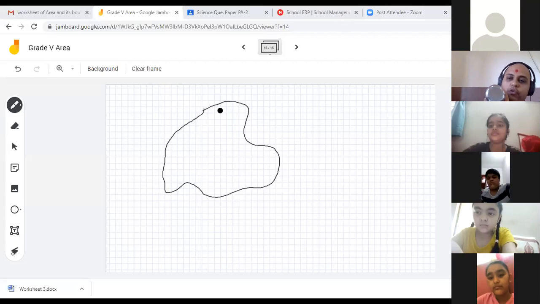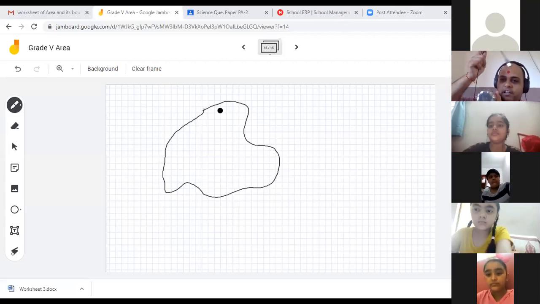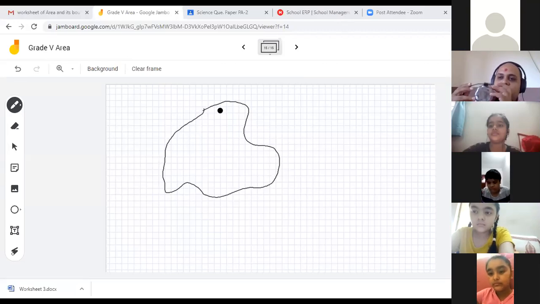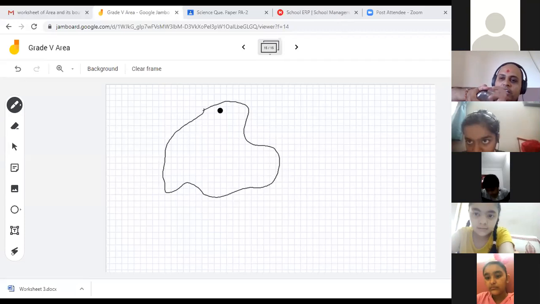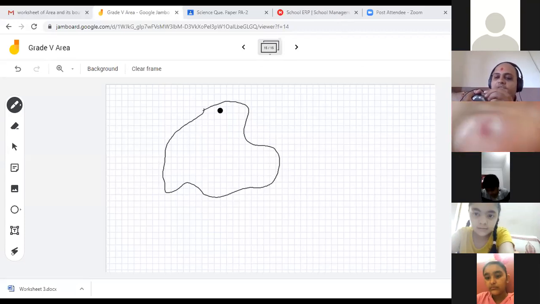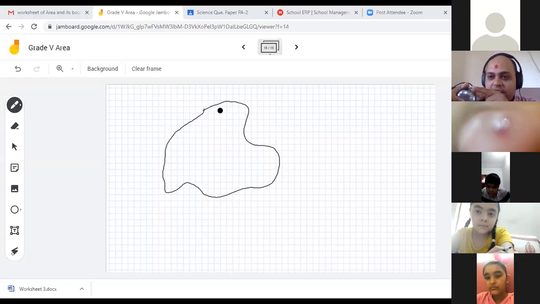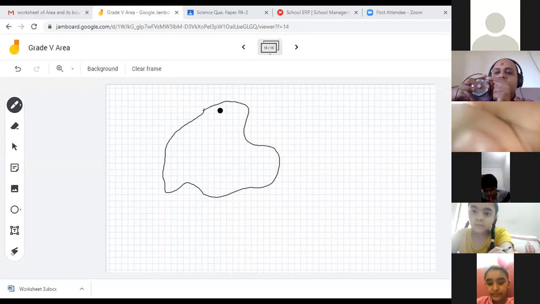So what I will do, I will take a thread and I will put it at one point here. Now I will rotate the thread around the border, and where it comes back to the point, I can put it here. So I have covered the entire bottle, as you can see from this.